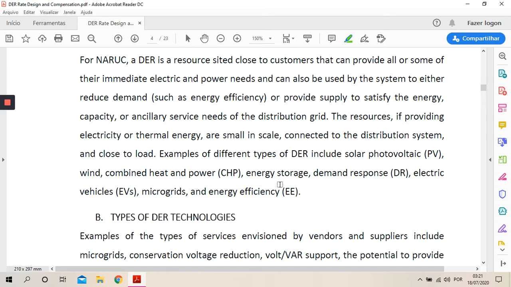The resources, if they provide electricity or thermal energy, are small in scale, connected to the distribution system, and close to load. Examples of different types of DER include solar photovoltaic, wind, combined heat and power, energy storage, demand response, electric vehicles, microgrids, and energy efficiency.